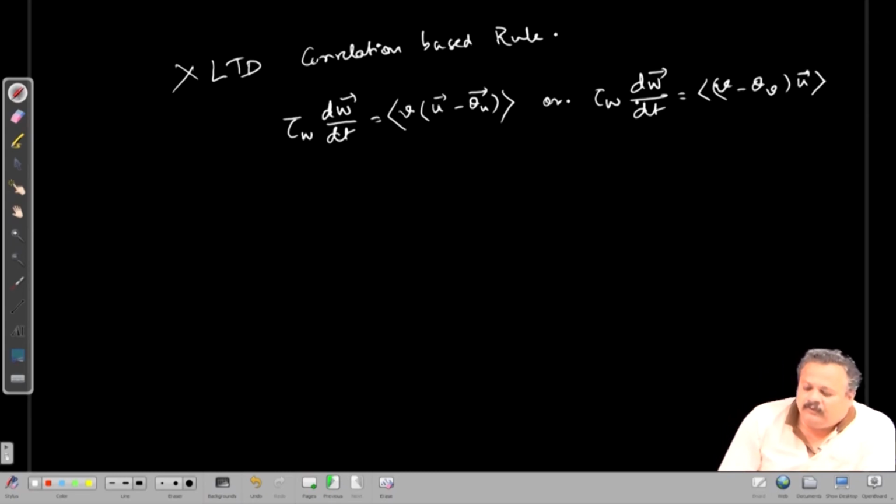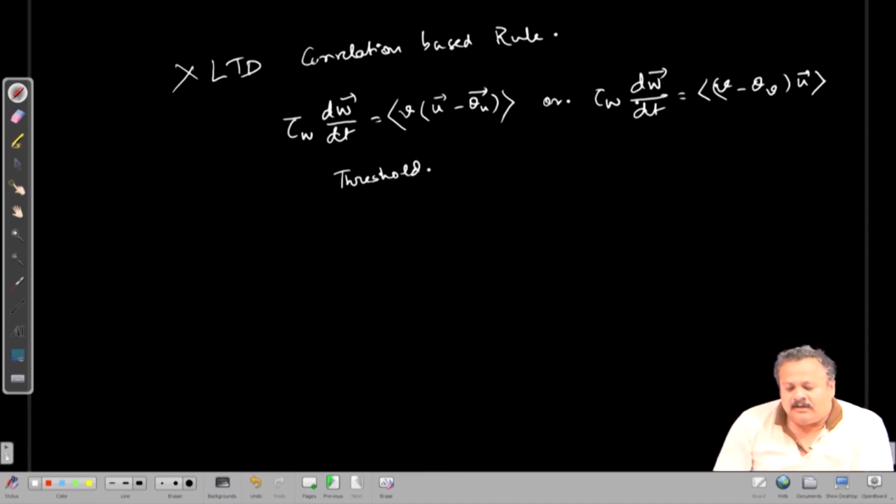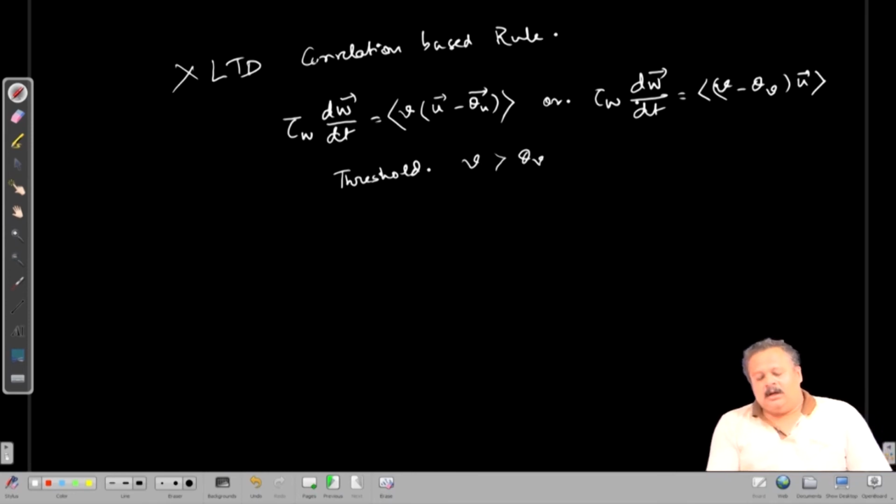Okay. So, what we mean here is that we are introducing a threshold. Threshold in the sense that when the activity V is greater than theta V, in that case we have potentiation.